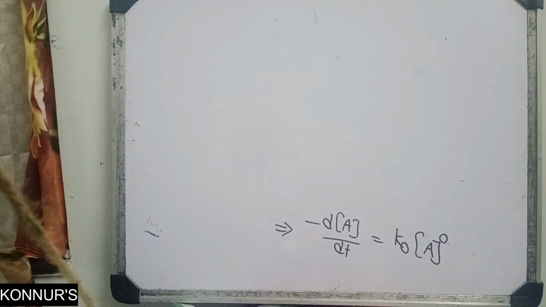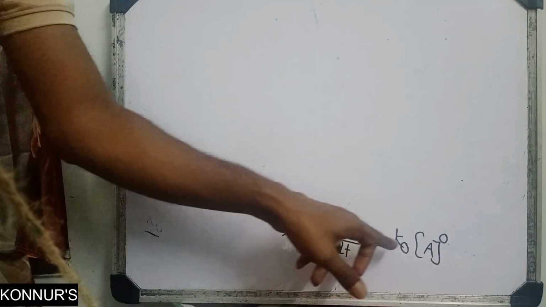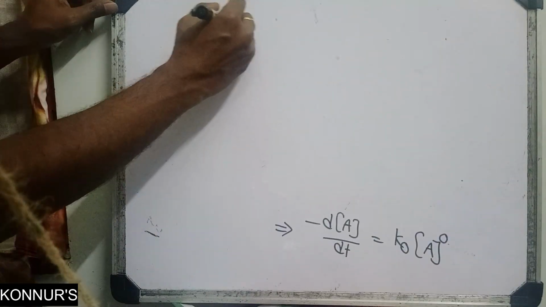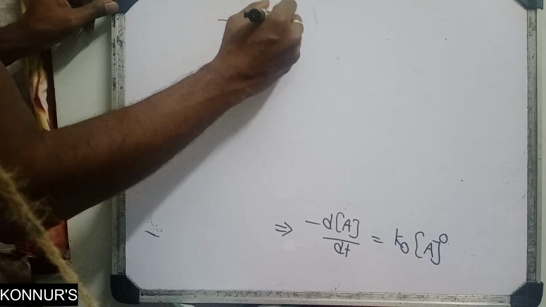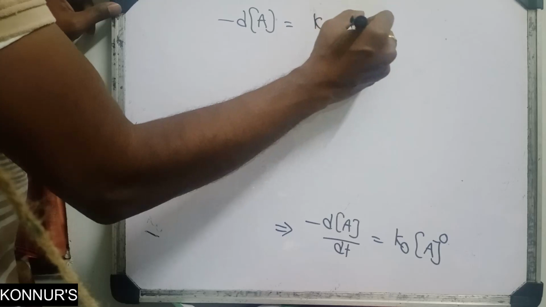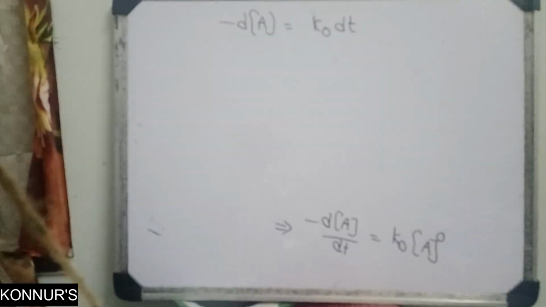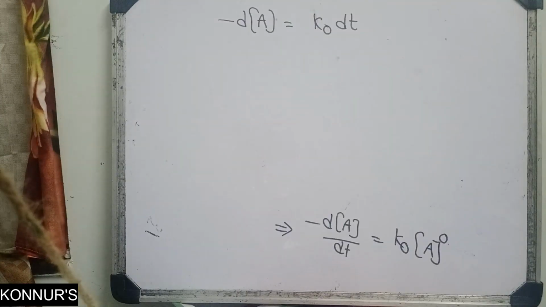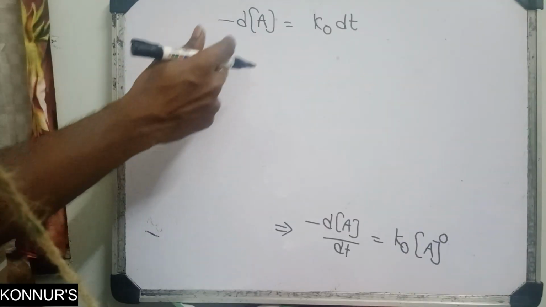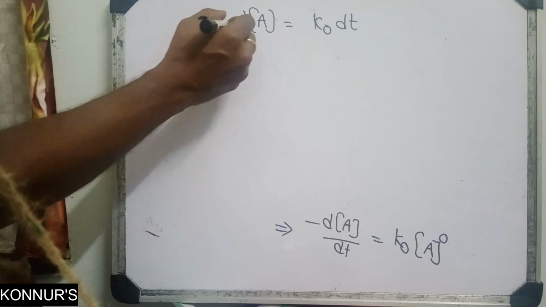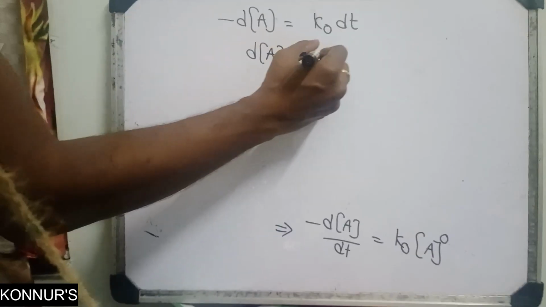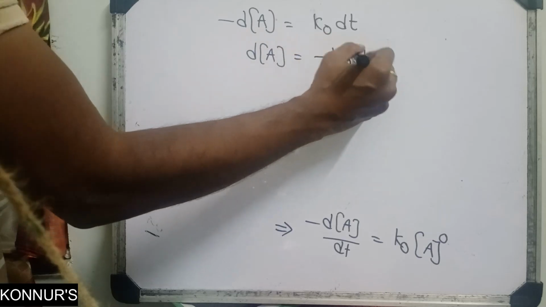One more important point. We are getting minus dA by dt equal to k0. You expand: minus dA equals k0 into dt, so dA equals minus k0 dt.